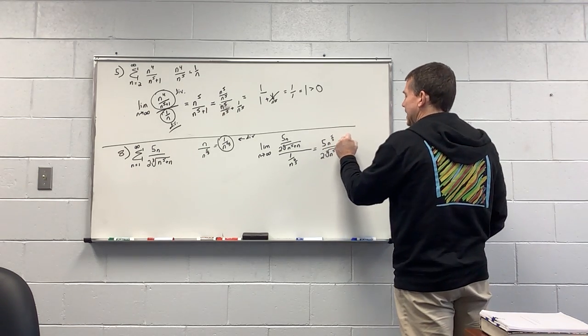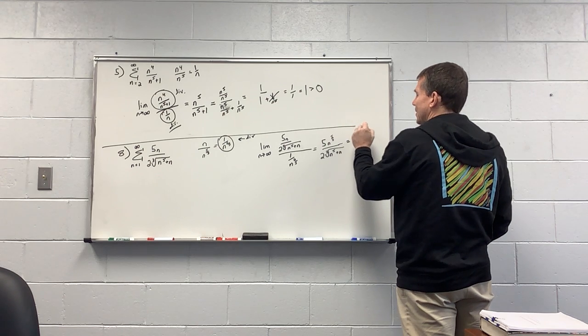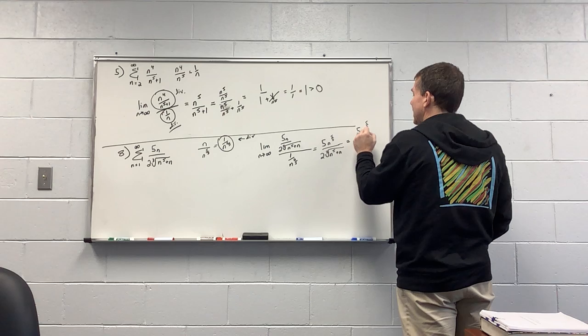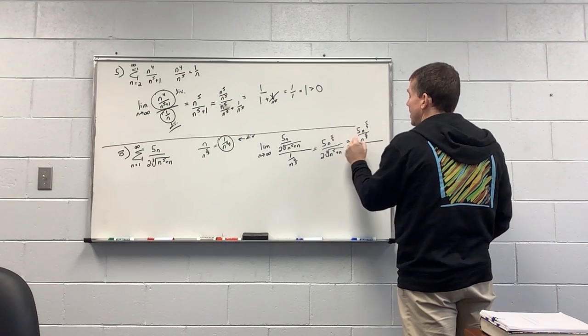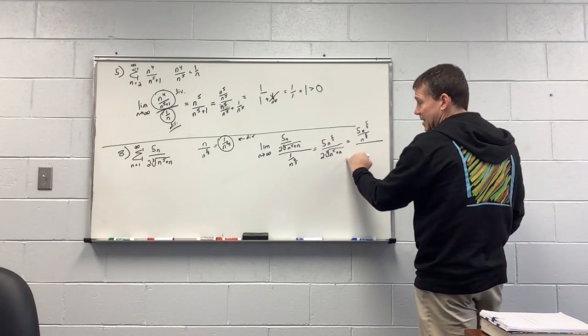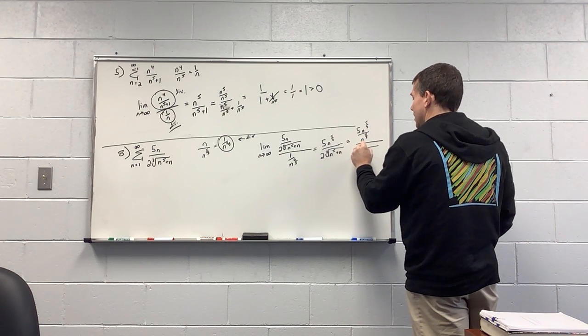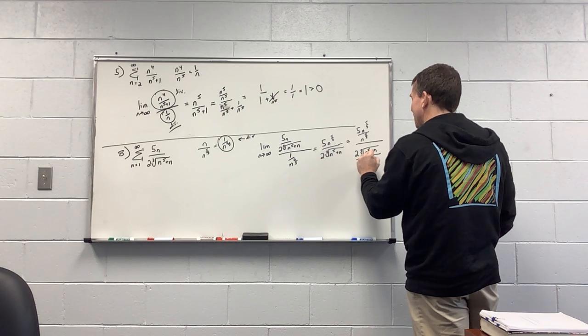So I will divide each term by n to the 5/3. And I get 5n to the 5/3 over n to the 5/3. Now keep in mind on the bottom, this is just one term, so it'll be 2, the cube root of n to the 5th plus n over n to the 5/3.